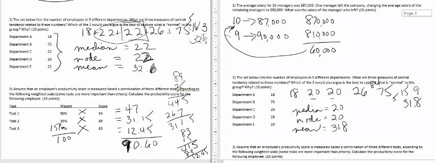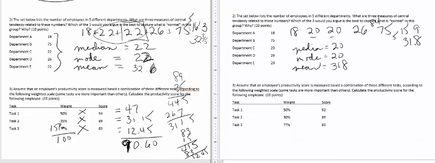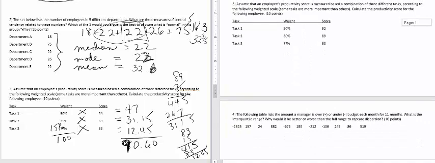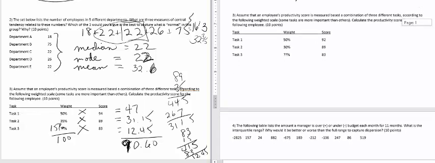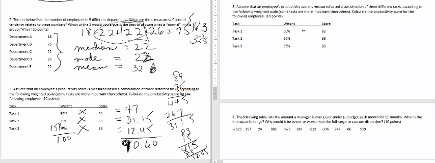Now, on the other side, we have the same thing, different numbers. But then again, these are weighted scales, which you would look at the same way you would look at probabilities.